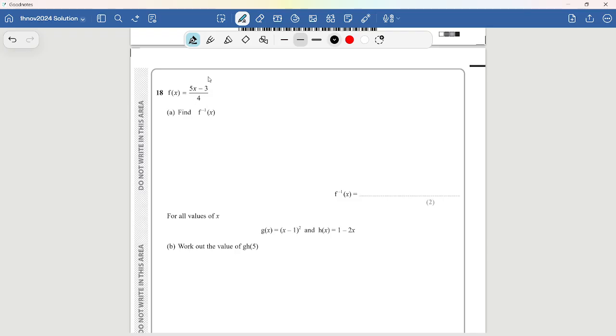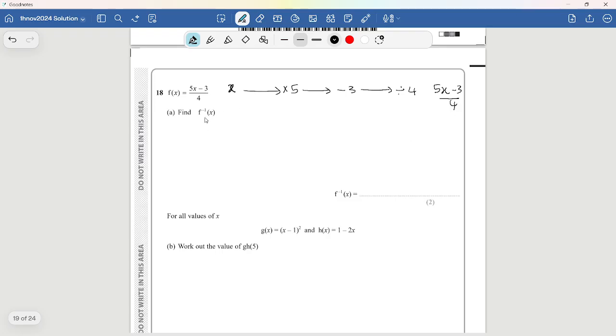So if I'm assuming the original function, if I take x as the input, then the next thing I have to do is I need to times it by 5 to make 5x. So I times 5 to get 5x, and then I take away 3 from it to make it 5x minus 3, and then I divide it by 4 to get the final output (5x minus 3) over 4.